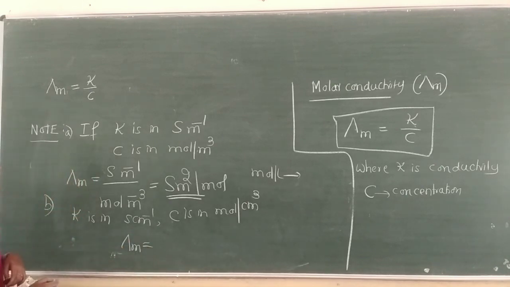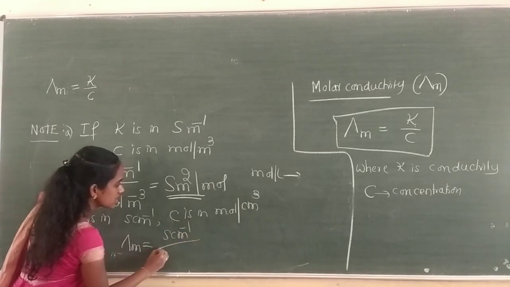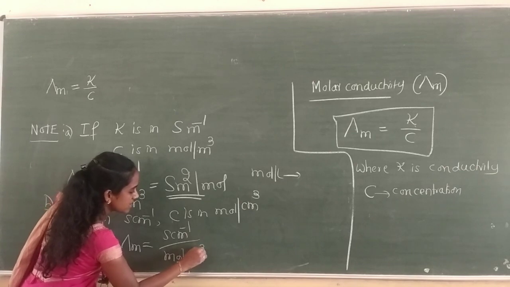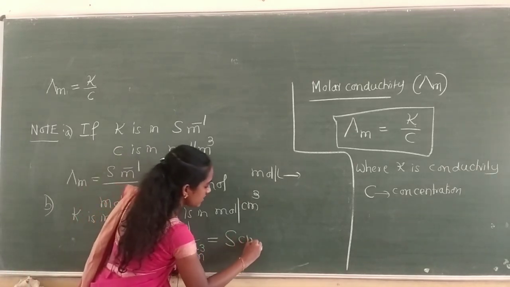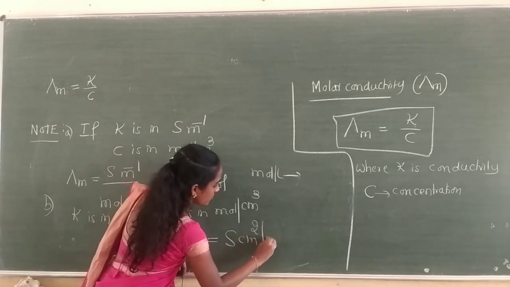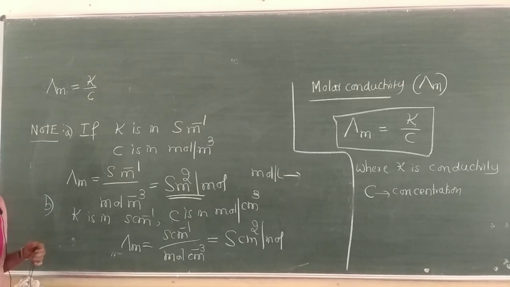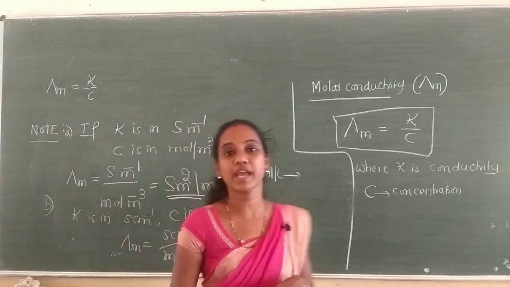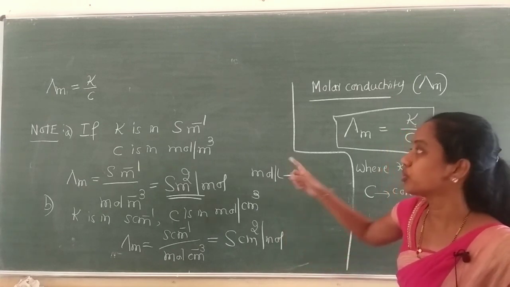Lambda m is equal to Siemens centimeter inverse divided by mole cm to the power minus 3, which is equal to Siemens centimeter square per mole. Okay. So the molar conductivity lambda m is equal to K by C. Based on that we have problems. So now let us solve 2 more problems.